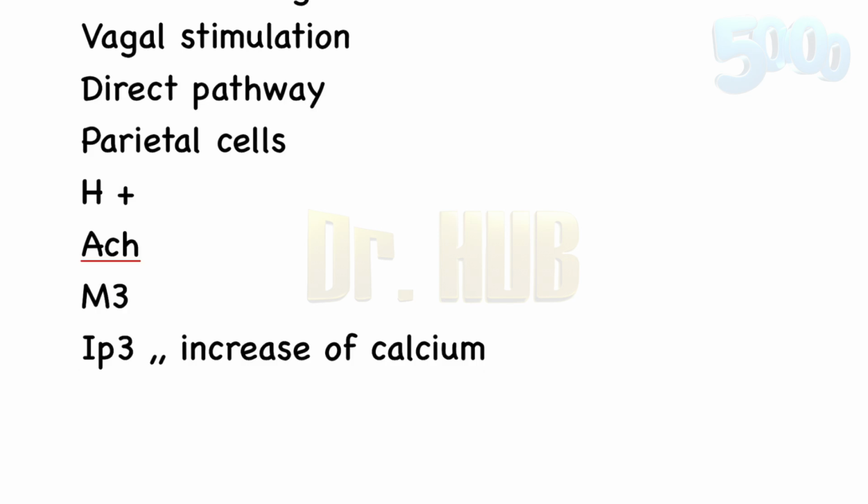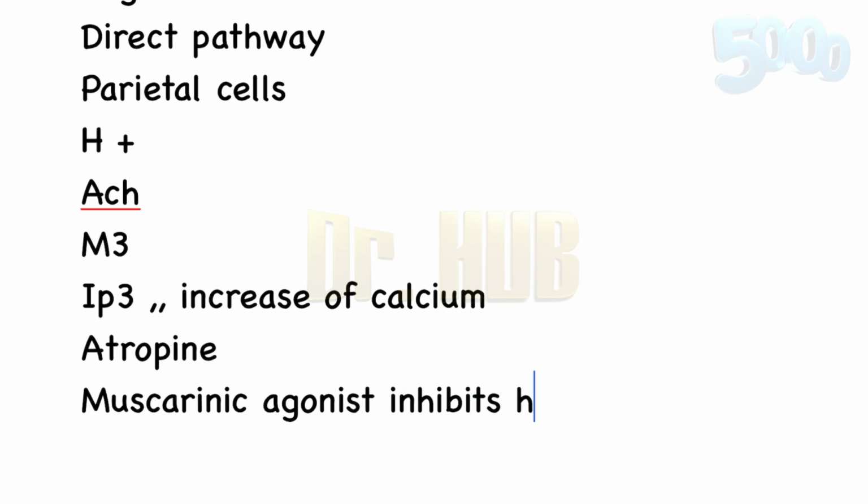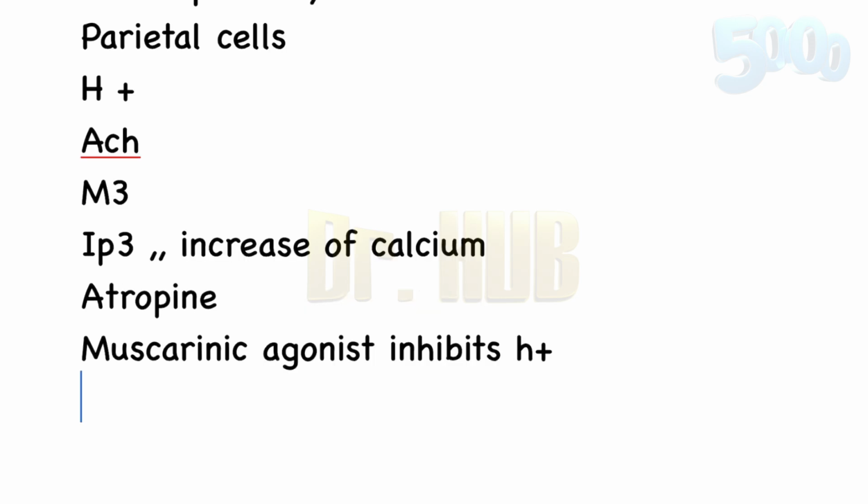Next, we move on to the applied aspects. The applied aspect is atropine. Atropine is a cholinergic muscarinic antagonist, and it inhibits H+ secretion by blocking the direct pathway, which uses acetylcholine as a neurotransmitter. It does not block H+ secretion completely.